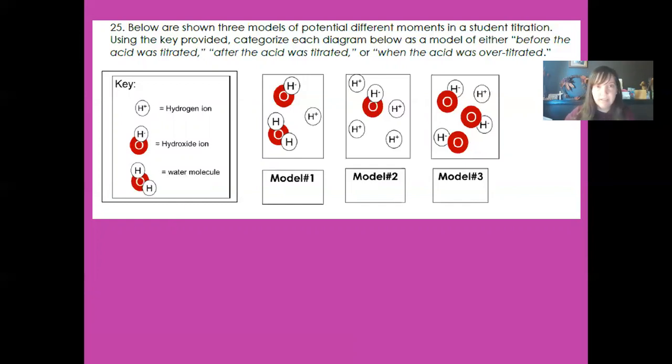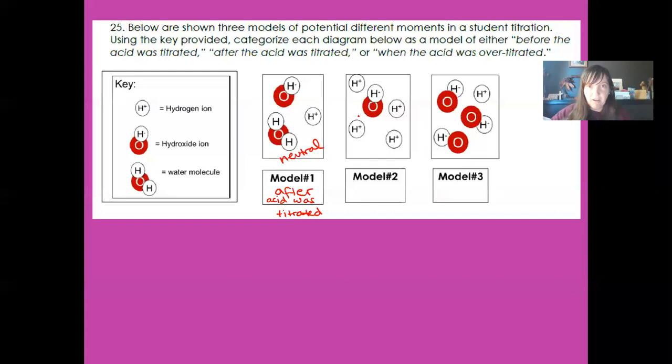So in the first one, looks like we've got a H2O water molecule, hydroxide ion, and 1 hydrogen atom. So there's exactly as many acid as base ions. So this one is neutral. So I would say that this is after the acid was titrated, because it's neutral.